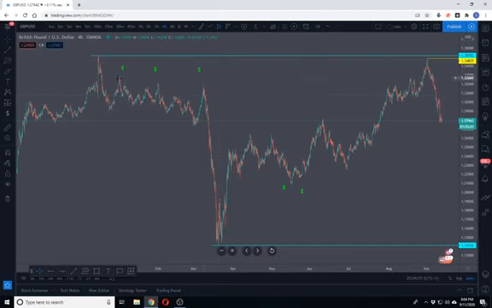Now one of the main things in what ICT teaches is equal highs and equal lows is where you're going to have a lot of liquidity sitting. So it doesn't have to be exactly equal, but this will be a high, this region right here, because there's 1, 2, 3 highs here where there's likely a lot of stop losses sitting.